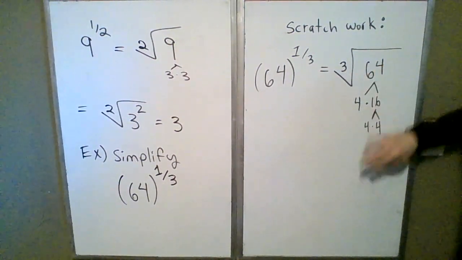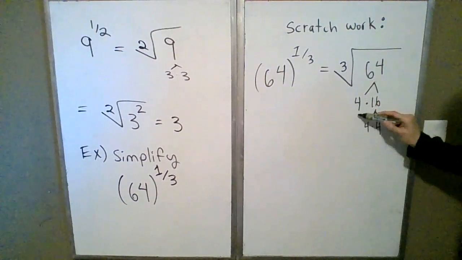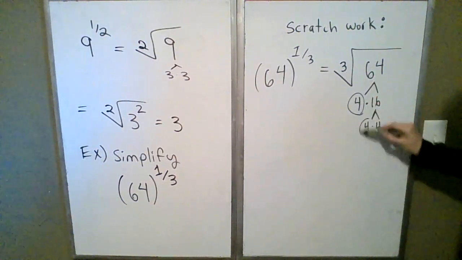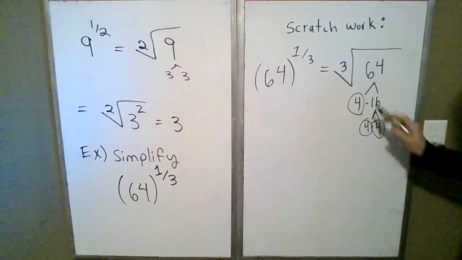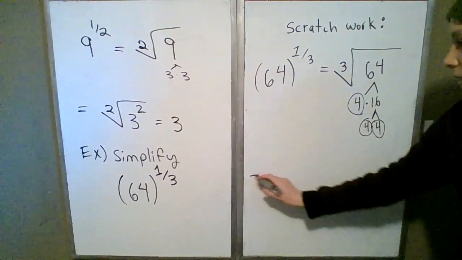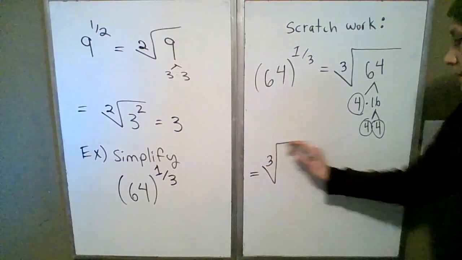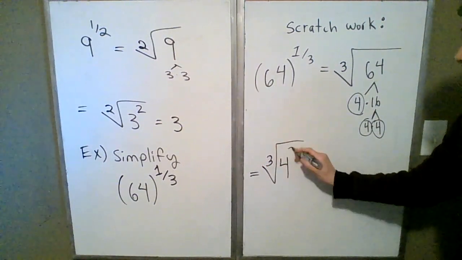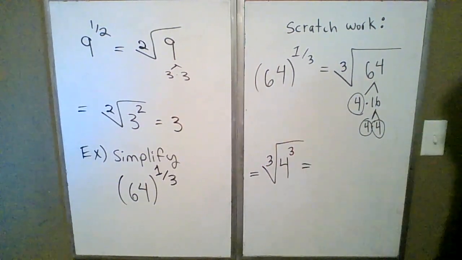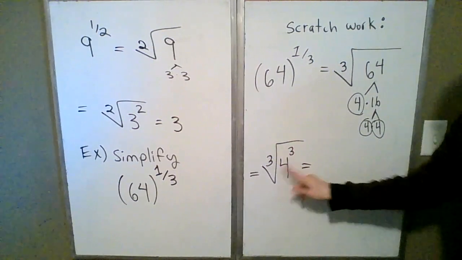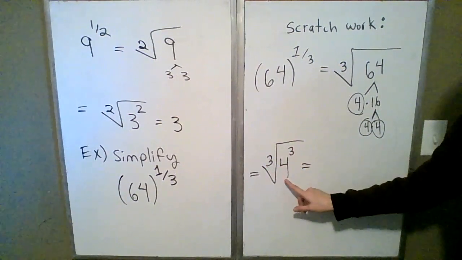So again, you could fully factor down, but I'm going to stop here because I've got 64 as 4 times 4 times 4. And then I've got a power that matches my root. So what's left is 4.